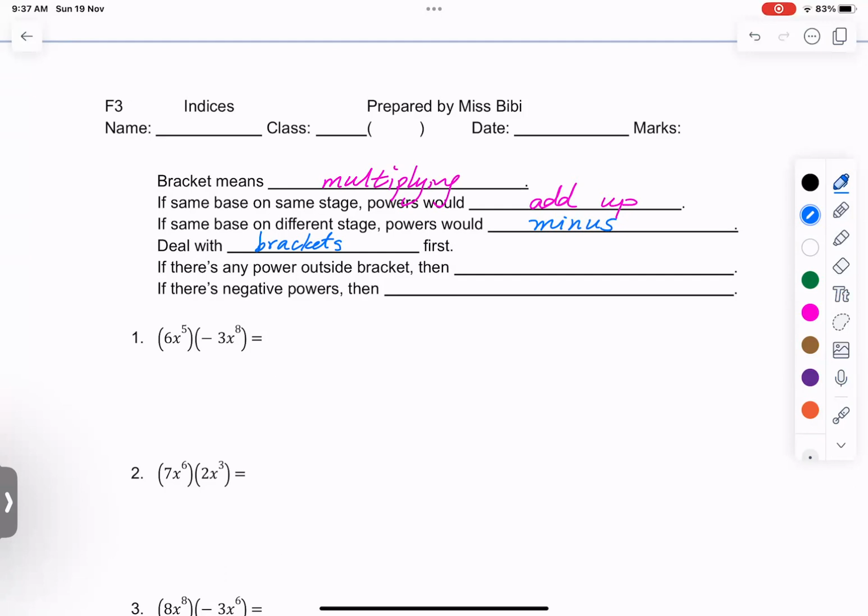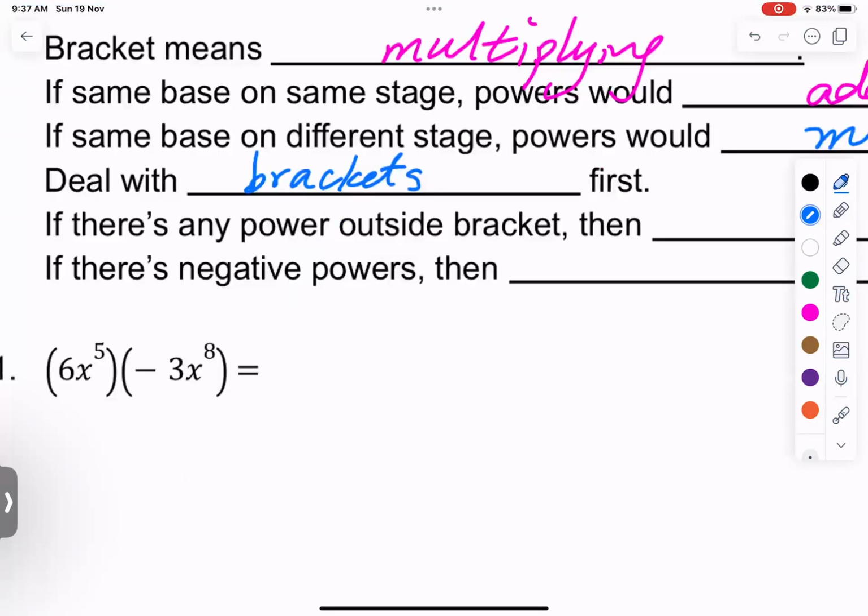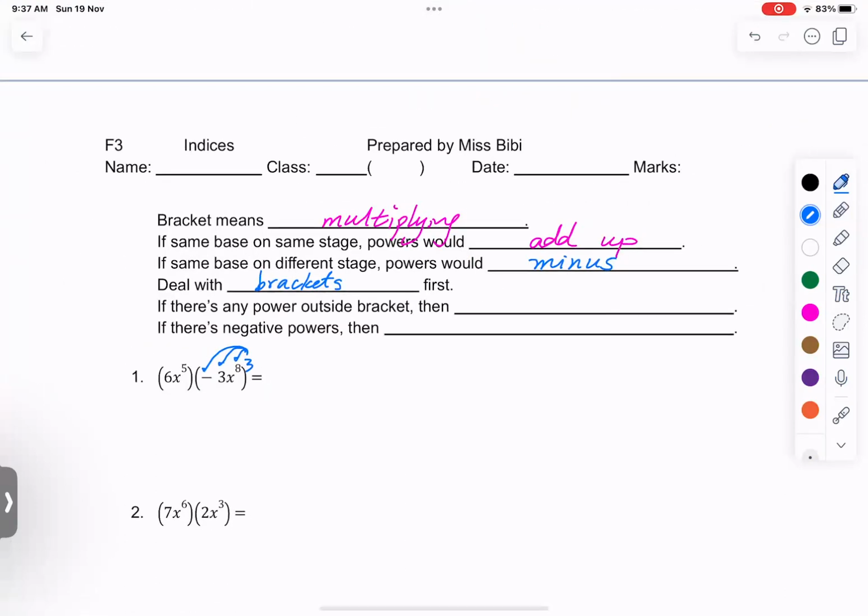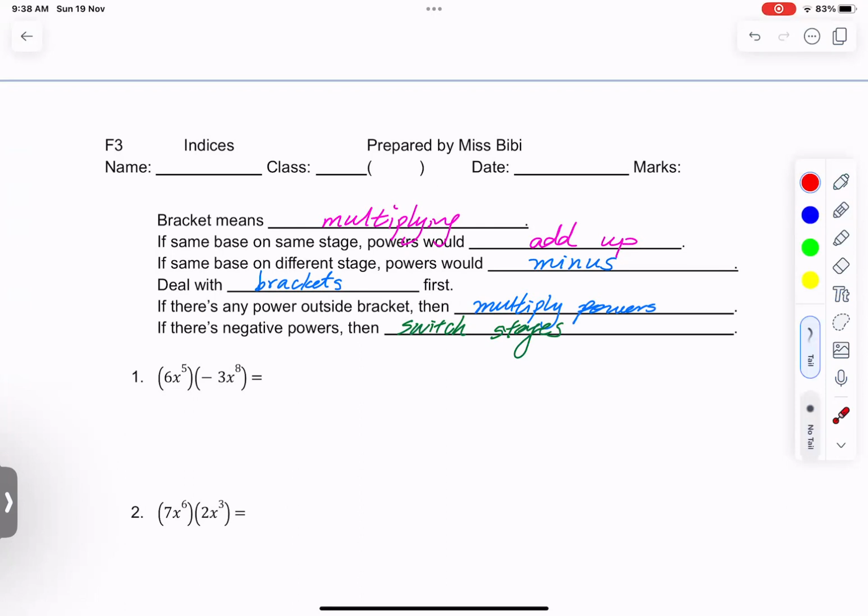If there are powers outside the brackets, we give the powers to everything inside, multiplying powers with unknowns. And if in the questions there are negative powers, we will switch stages. That means if there's a negative power on the numerator, you move it down to the denominator.